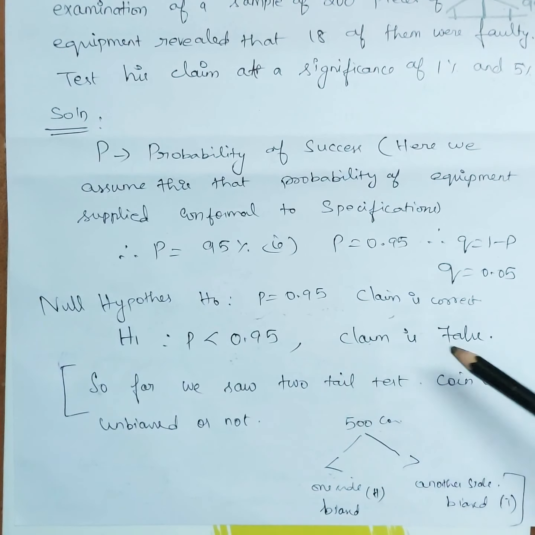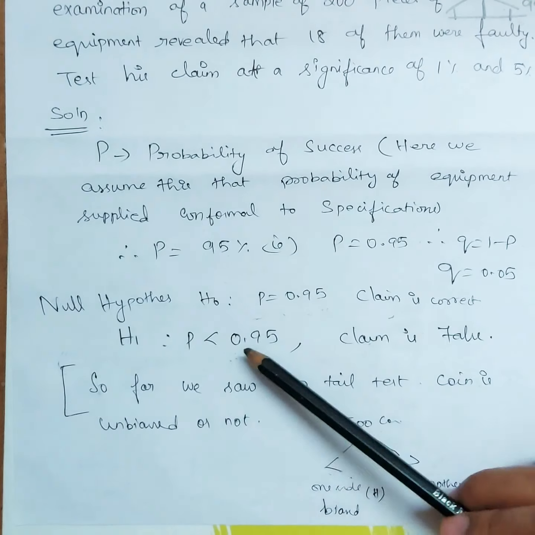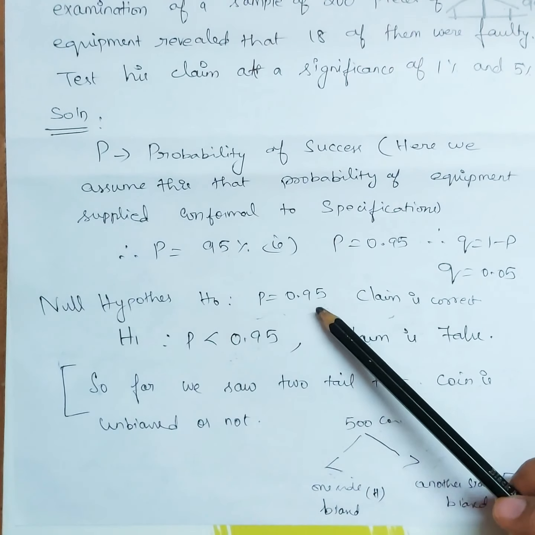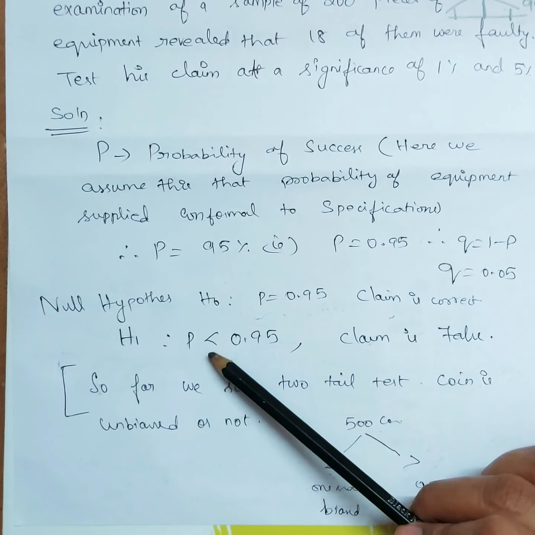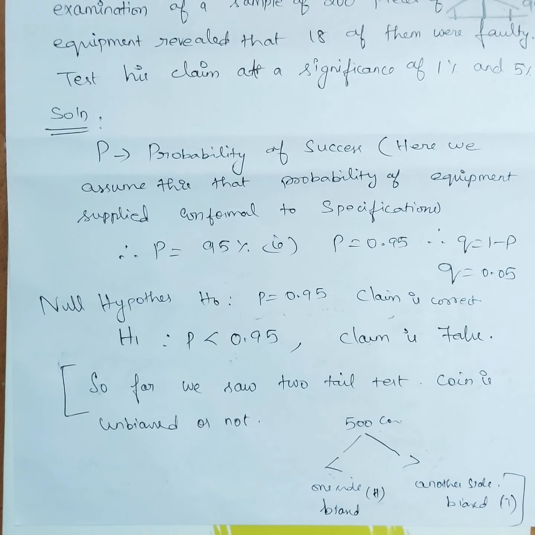Okay, what is the alternate hypothesis? The alternate hypothesis, listen carefully. We are going to write this probability less than 0.95. Why are we not writing probability greater than 0.95? If it is greater than 0.95, it is like 96% are good, 97% are good, conform to specification.